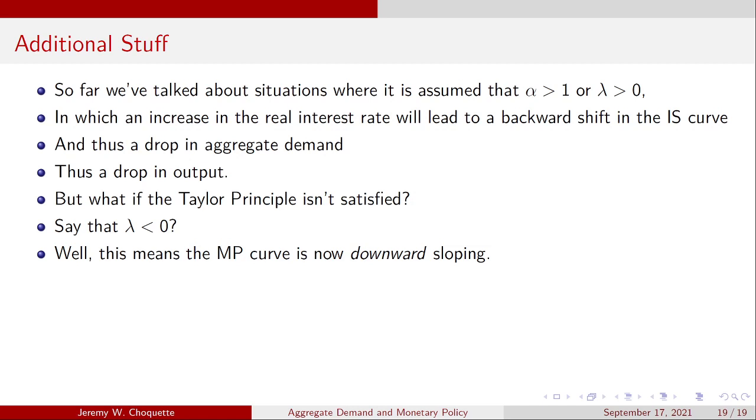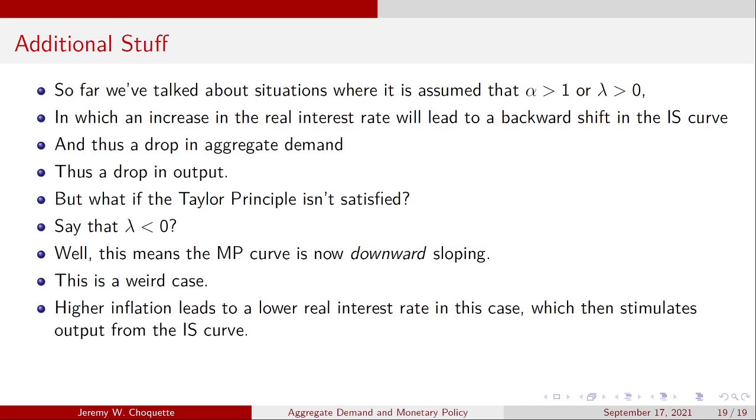So if we have R equals lambda pi plus b, well, lambda is that slope parameter. Slope parameter goes negative, the monetary policy curve is now downward sloping. Well, things get really strange because that means higher inflation leads to a lower real interest rate.